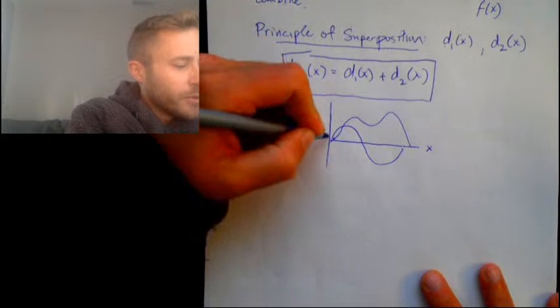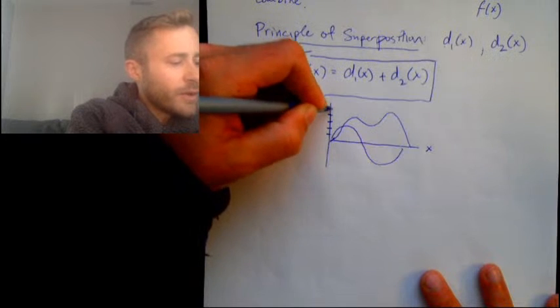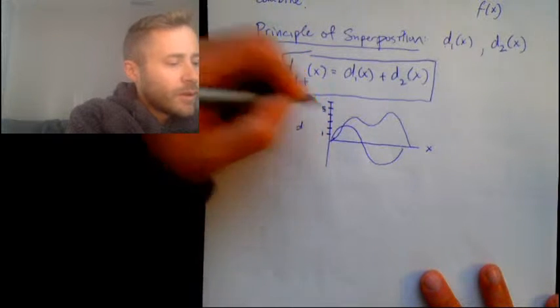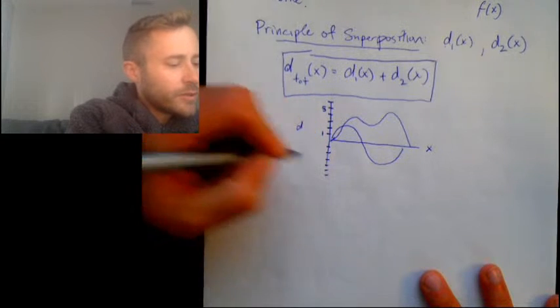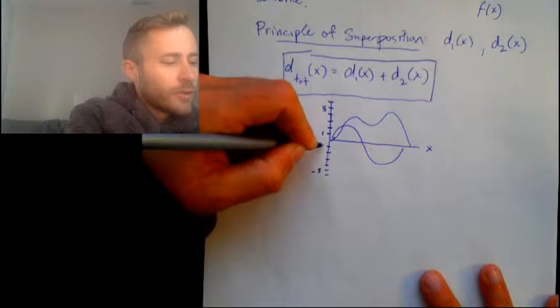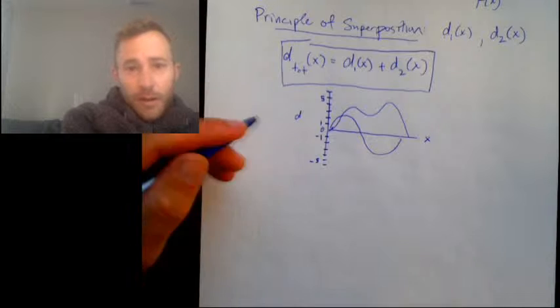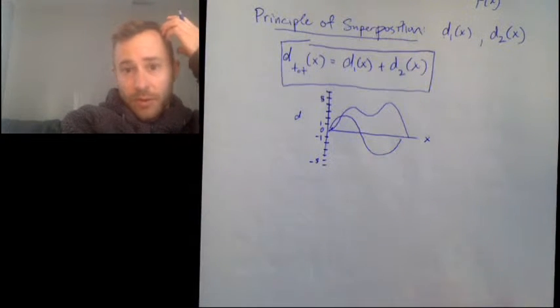Let me put some numbers on the axes here: 1, 2, 3, 4, 5, 6 on each axis. It doesn't really matter which one you call wave 1 or wave 2.